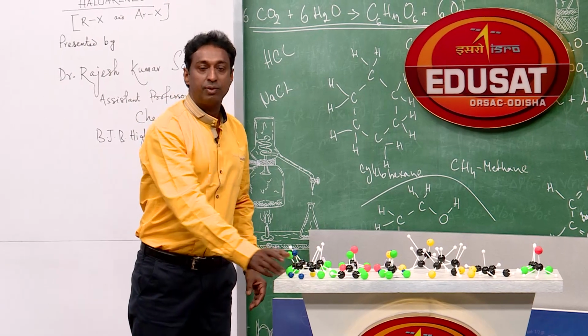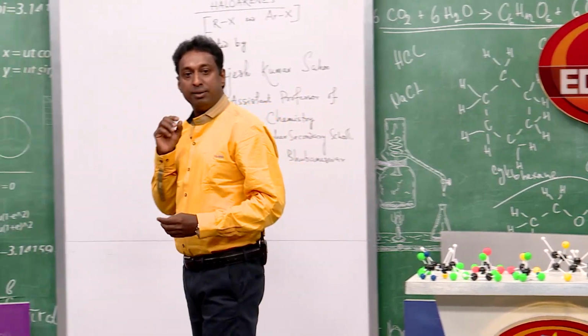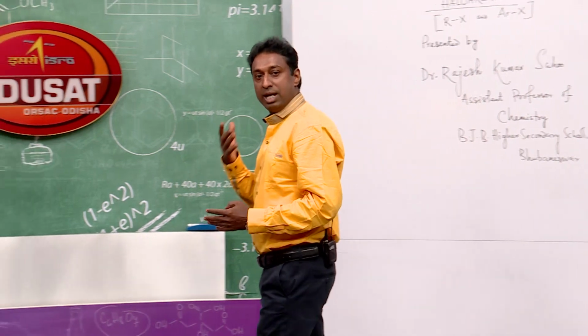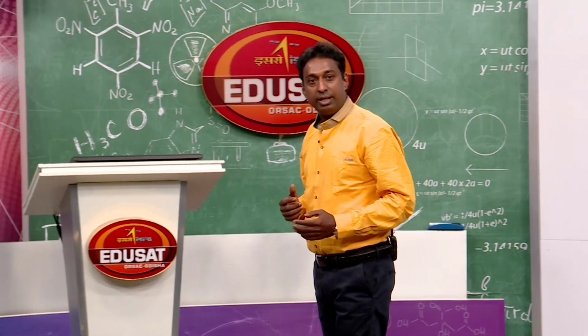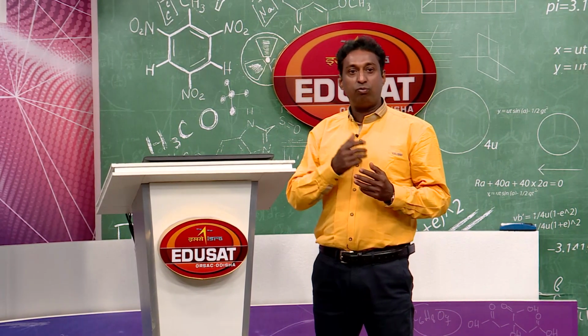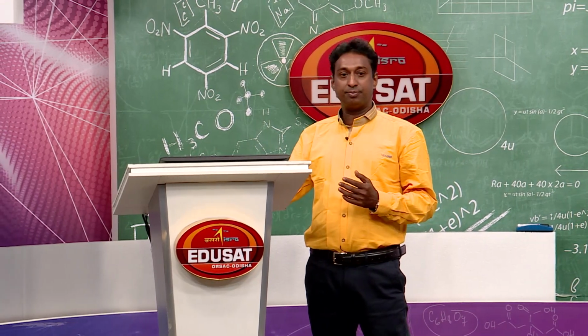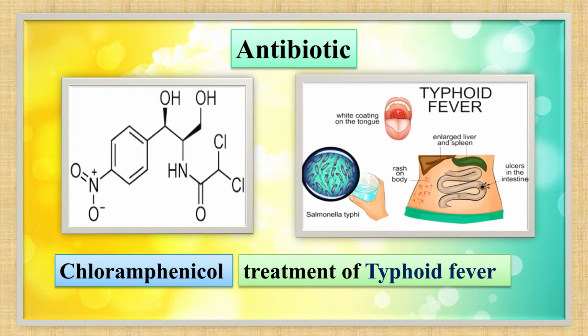Students, remember, not only anesthesia, we are using haloalkenes and haloarenes for many other purposes. For example, look at this slide, antibiotic. Remember that when you are suffering from fever or any type of health problem, we need medicines like antibiotics, analgesics, antipyretics.